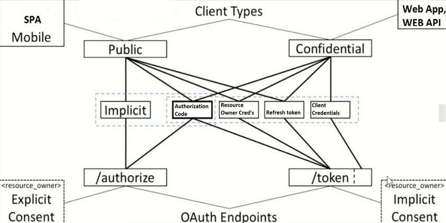So the consent is implicit. Your admin would have given it and you can directly make a call and get your token. You won't be presented with a consent page if the admin level consent has been provided. In case of authorize, yes, you need to provide explicit consent. So whenever you authenticate successfully, you will be presented with a consent page to provide permissions and get user consent on that, and then only you can proceed.